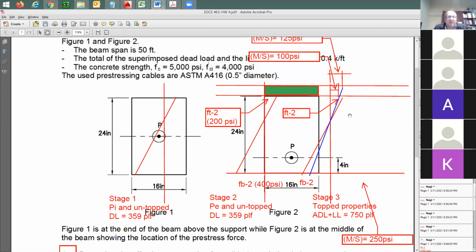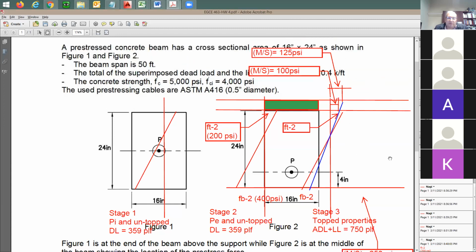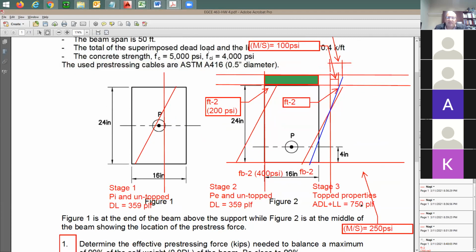Meaning the stress at top and bottom for this blue distribution for stage 3 is based only on M and S. No pre-stress equation in stage 3. These blue stresses are in addition to the locked-in stresses you have here.